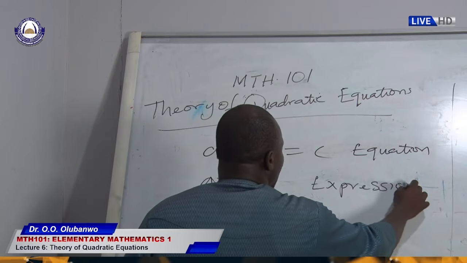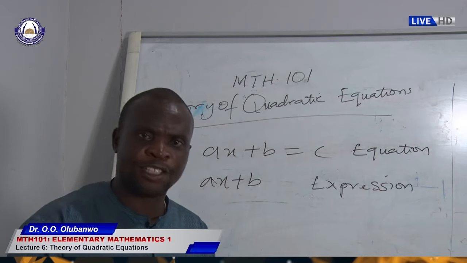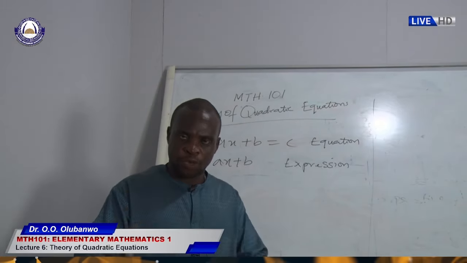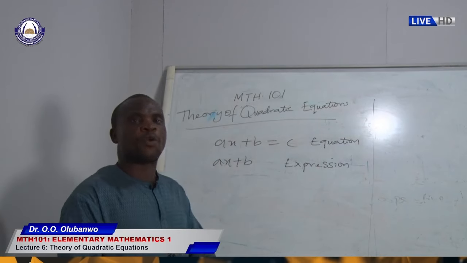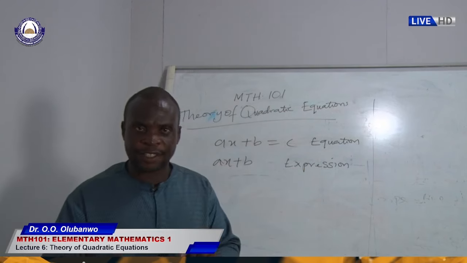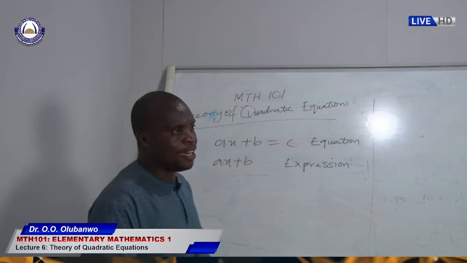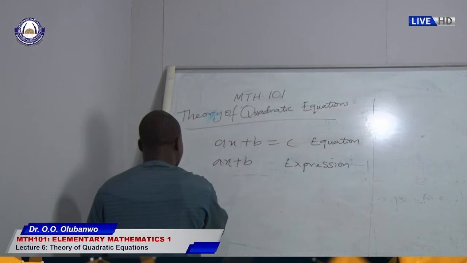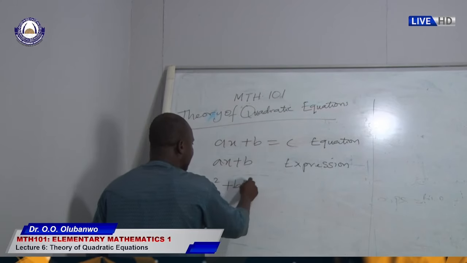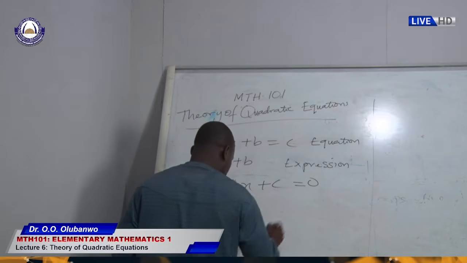Now, when we say quadratic, we have been considering, from primary and secondary school, equations. When we say quadratic, it means the highest degree of that equation is 2. Now we have the general quadratic equation to be ax squared plus bx plus c equals 0.